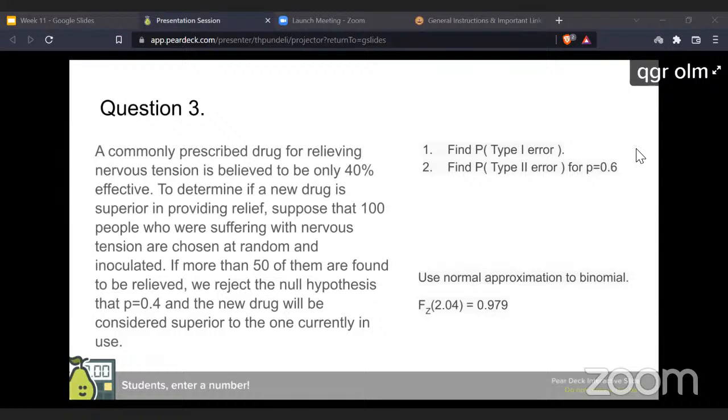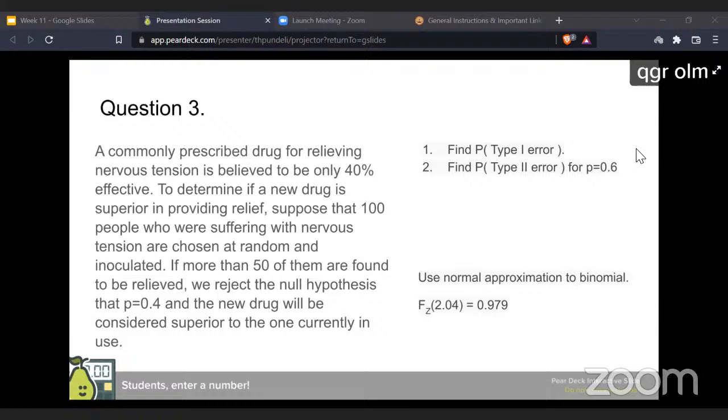So out of these 100 people, if we find more than 50 people to be relieved, then we reject the null hypothesis. Okay. So if I take the test statistic to be the sample mean, then this test is saying that I will reject H0 if this X bar is greater than 0.5.